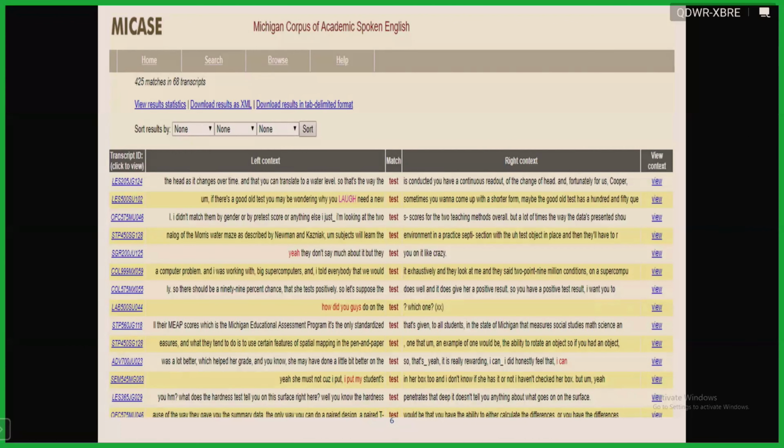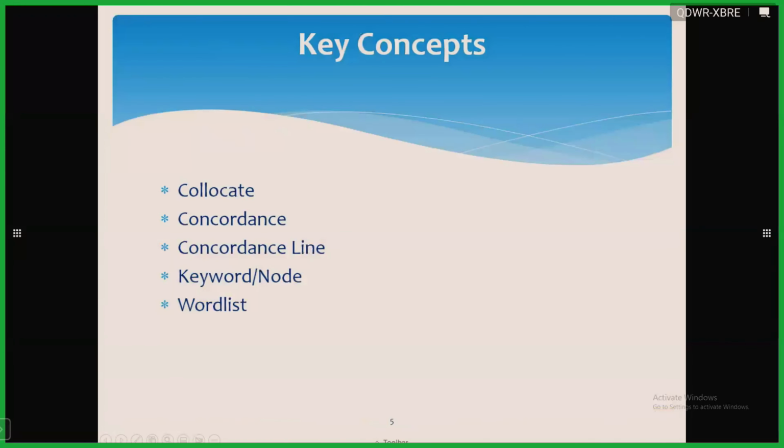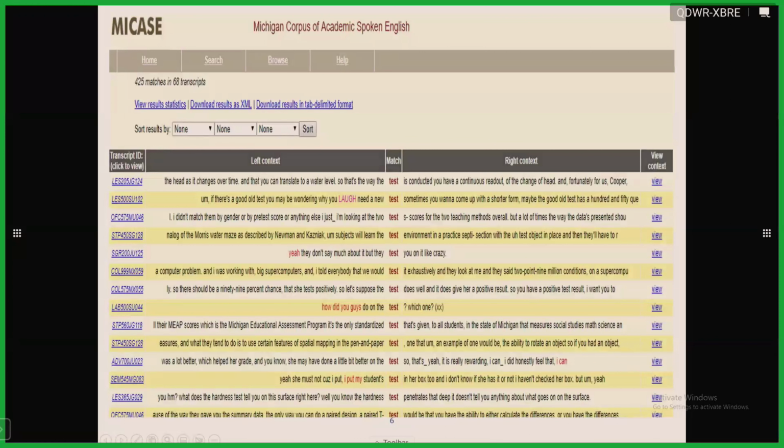But if I talk about a concordance line, it means that I am talking about just one particular line, right? And the word in the center, you can see, this is test, so this is the node or node word.